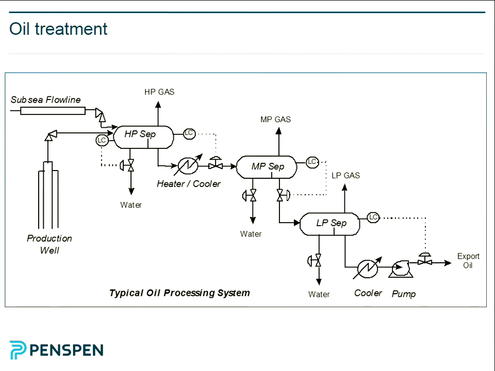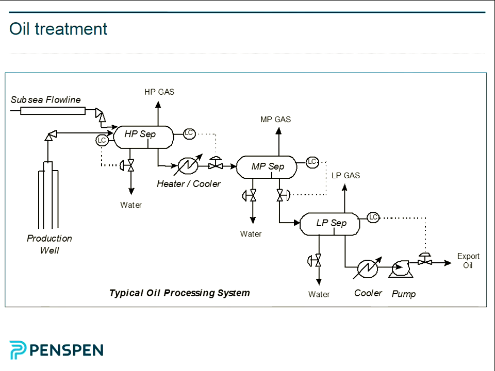The other way you can separate oil is to use what they call a hydrocyclone. It basically uses centrifugal force. So the oil and water mixture goes in there, and it spins around due to the geometry and the velocity.